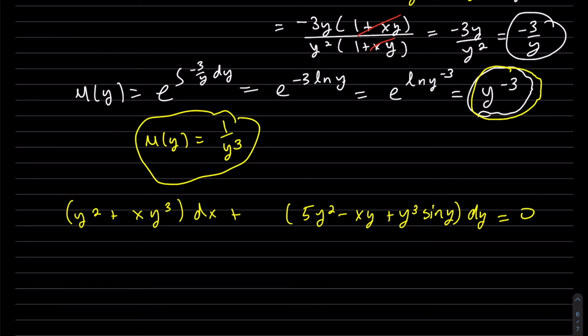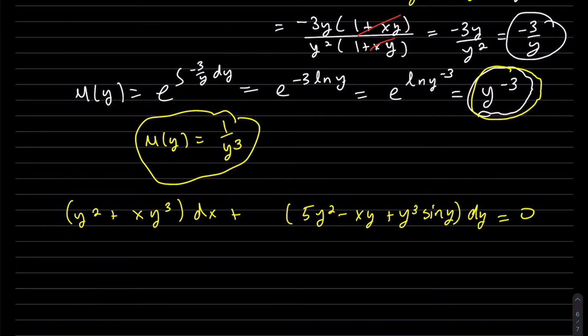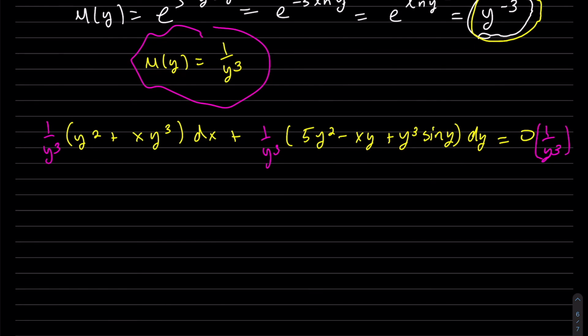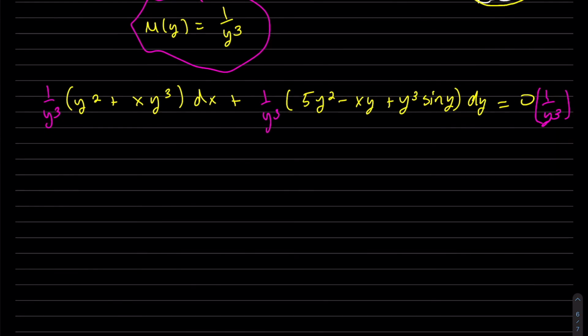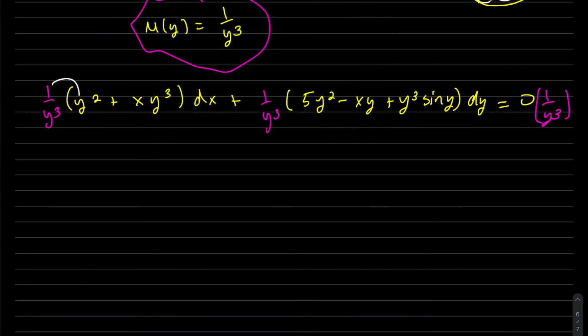There's our dE, our integrating factor. Again, so that means 1 over y to the third, 1 over y to the third, 1 over y to the third, multiply through by your integrating factor. That is what you do with integrating factors in this class. Okay, clean it up. That's 0 on the right.